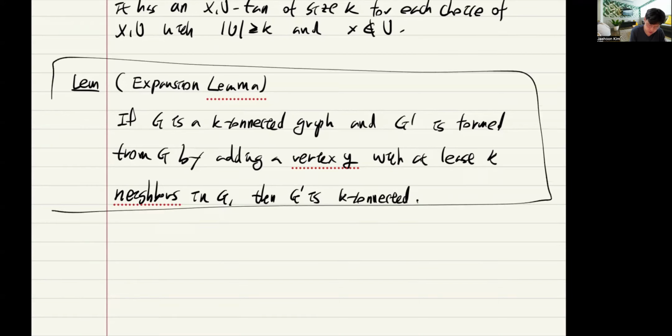This is a pretty basic lemma, and using the definition of connectivity it's not difficult to verify. So we will omit the proof.